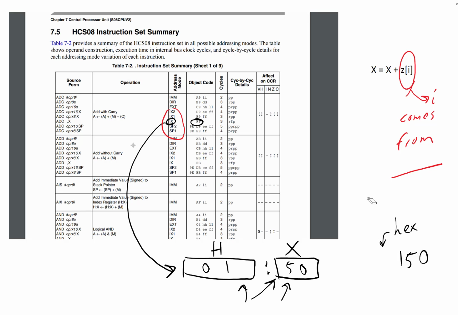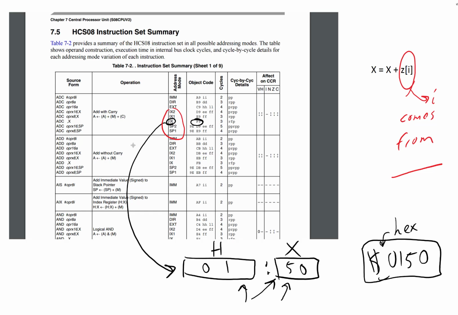In class so far we've been saying 0x, but in the assembler you'll see me occasionally use a $ sign here. It knows that this address is the one where we wish to look in order to find the value of interest. So we're going to add with carry some value.